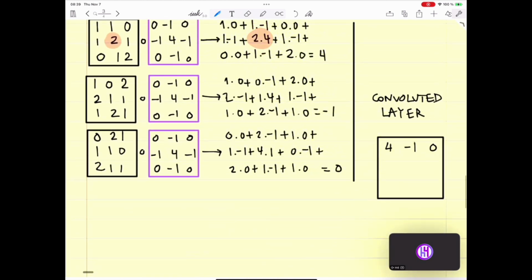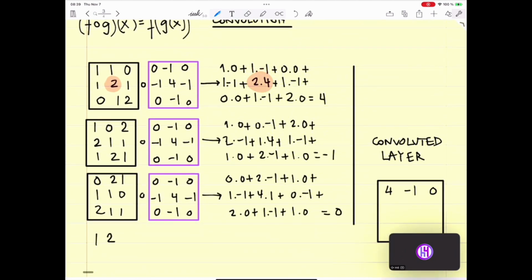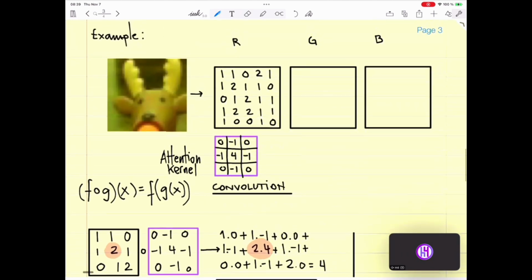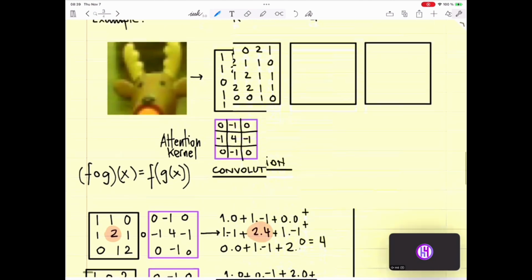Let's do it, because it's important to be didactic: 1, 2, 1; 0, 1, 2; and 1, 2, 2.